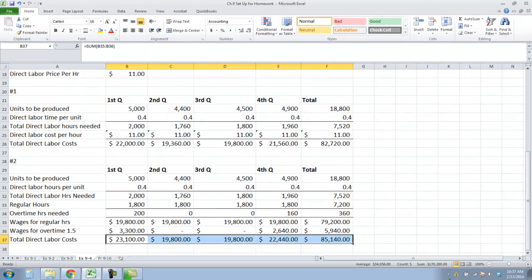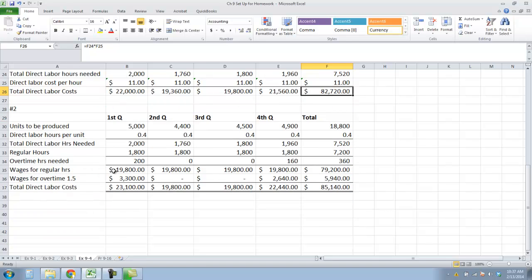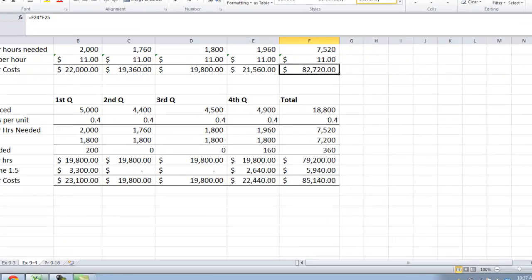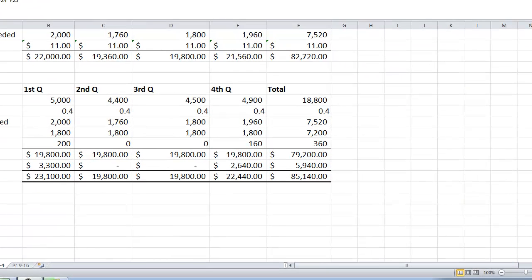So if we compare this, we would need 85,140 if we guaranteed hours instead of 82,720 for direct labor. Now I'm going to save this, and I'll do the problem 9-16 separately in a different video.